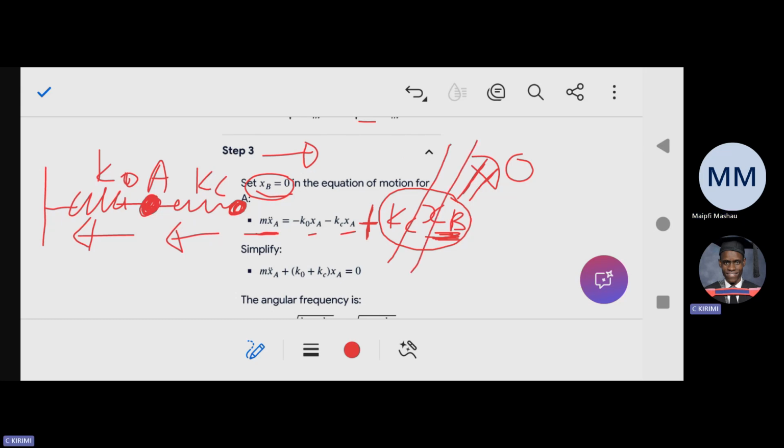And how did this 0 come from? It comes from taking everything which is on the right-hand side and putting it on the left-hand side. So it's m multiplied by xa. Then everything that is on the left comes to the right. That's why it's plus k naught xa plus kc xa.